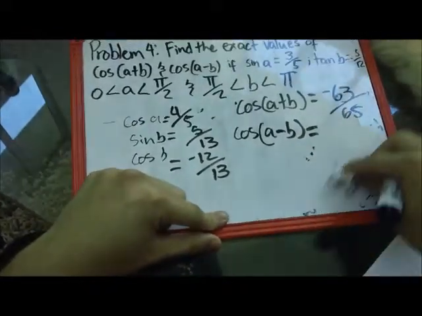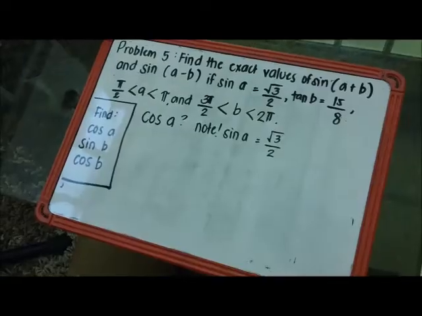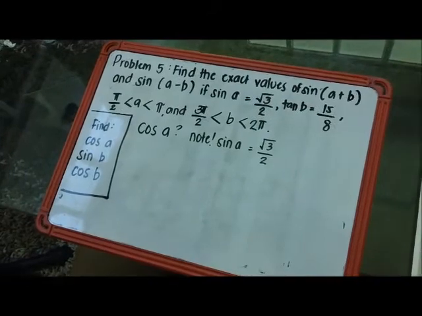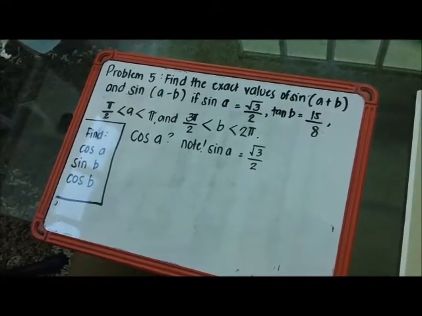And that's the answer. So cosine A minus B is negative 33 over 65. And that's the answer. These two are the answer. Yay.